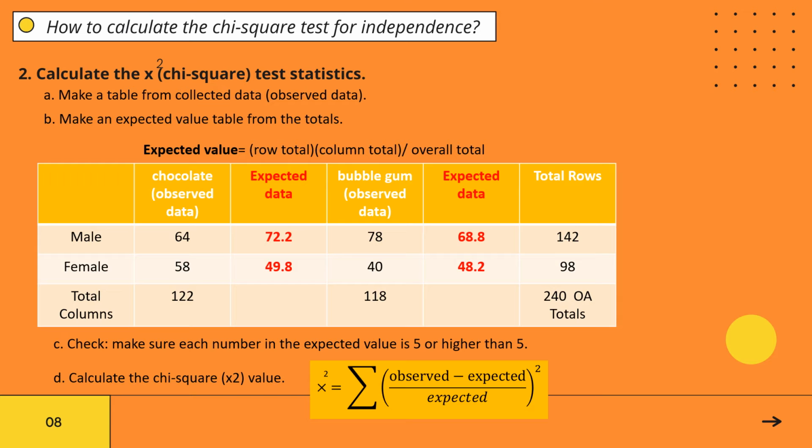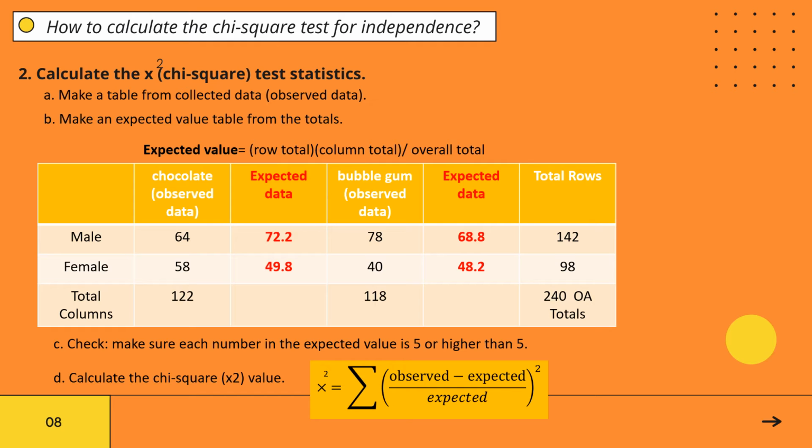So 142 times 122 divided by 240 as our overall total, and you will get 72.2 as your expected data for male. Continue that until you have computed all the expected data.